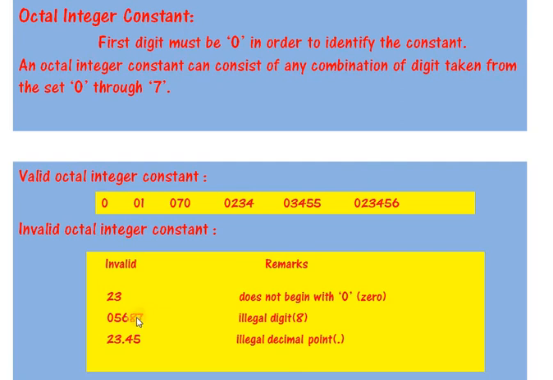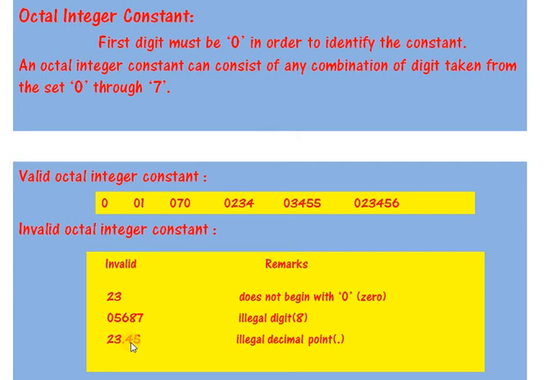So 8 is an illegal digit. After that, 23.45: decimal point is not allowed in our octal integer constant. So these are octal integer constants.